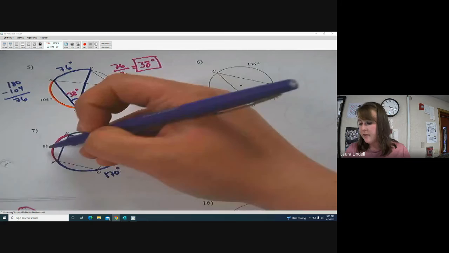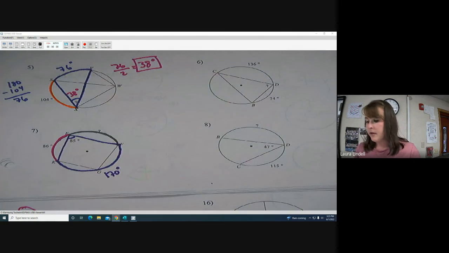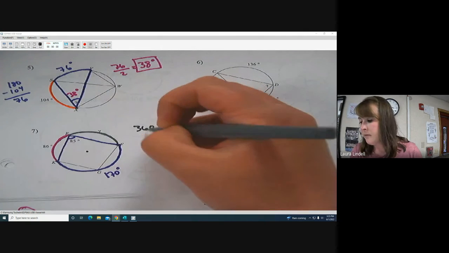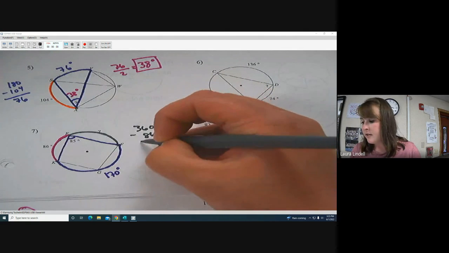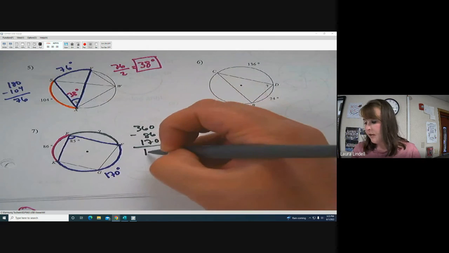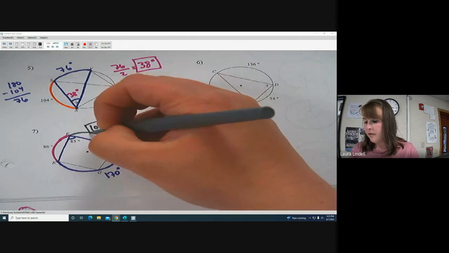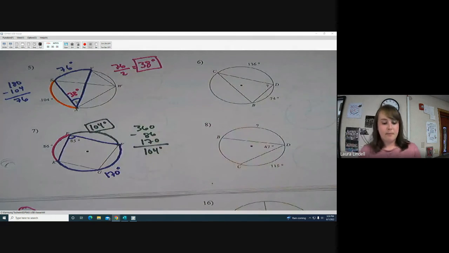So now we have 86, we have 170, and we have one that we're missing. So now all we have to do is go 360 minus 86 minus 170. And that's going to get us 104 degrees. So 104 degrees will be the answer of that arc's measure.